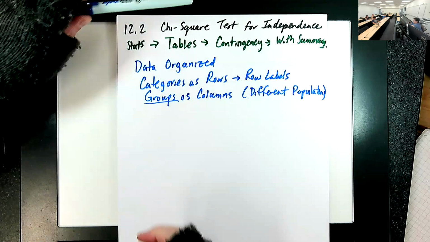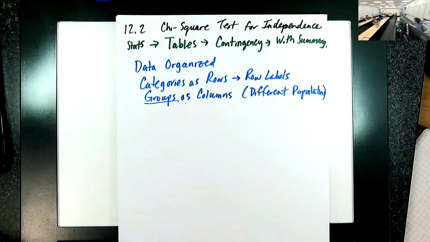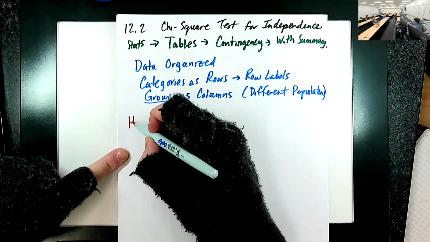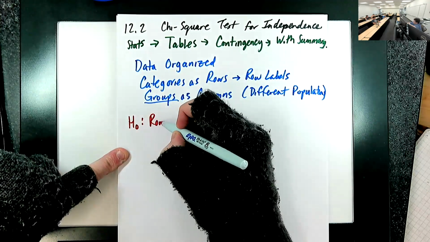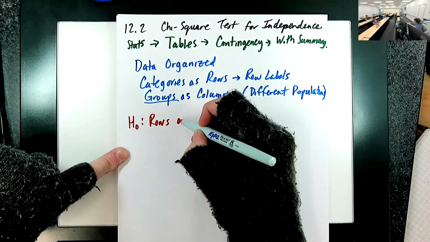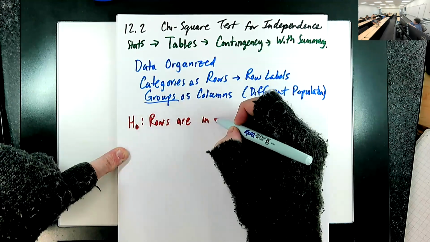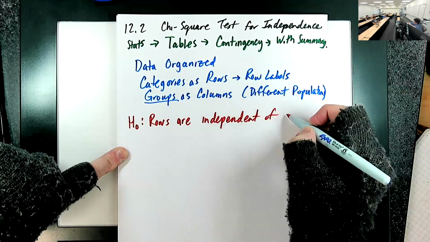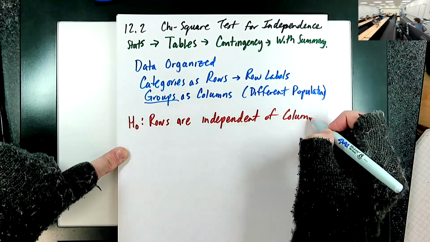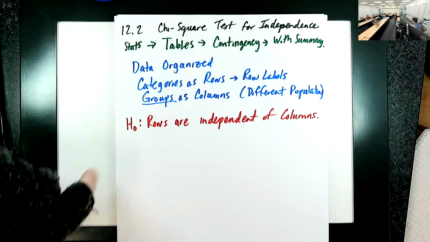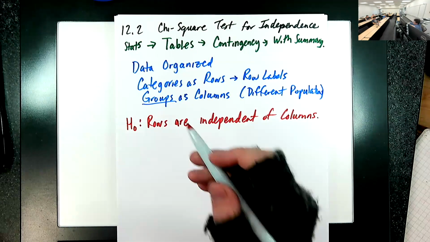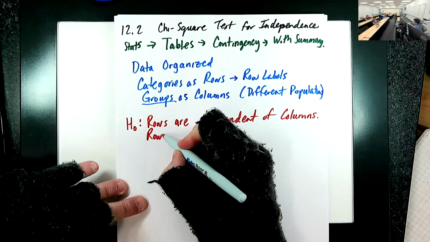H naught. We are testing for independence between rows and columns. H naught is rows are independent of columns, or columns are independent of rows, or rows and columns are independent.